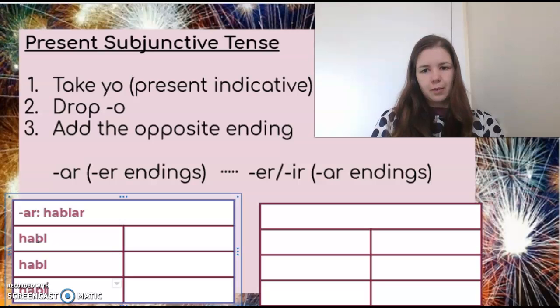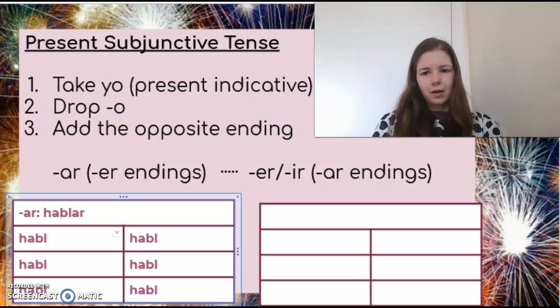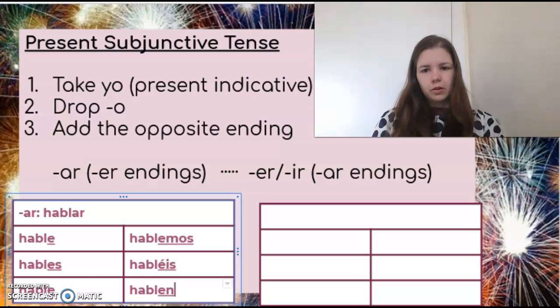And now I'm going to add my opposite ending, but instead of having O again, I'm going to have the E. So my yo ending is going to be the same as my usted ending all the time in this tense. So the verb hablar goes hable, hables, hable, hablemos, hables, hablen. So AR verbs use these E endings.